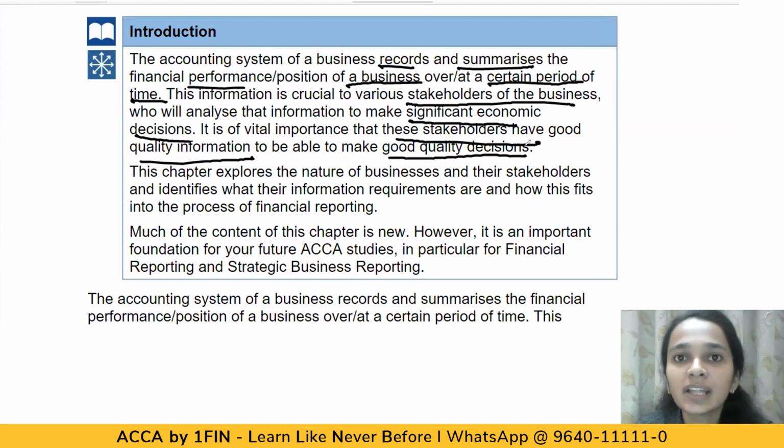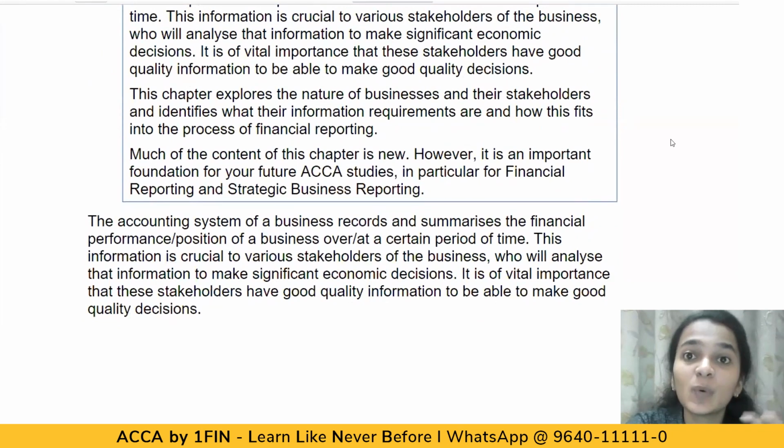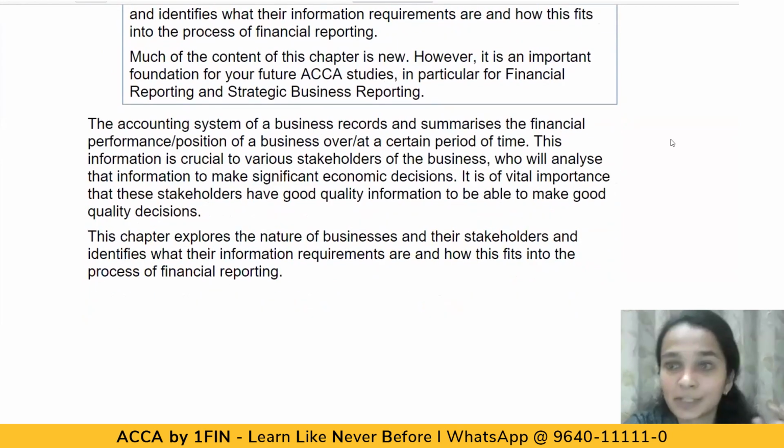So it is very important that all the accounts which are being made, all the transactions which are being recorded, they should be in a proper manner. So here we are going to study about different ways in which the accounts are presented and how different people use the financial statements of a company.